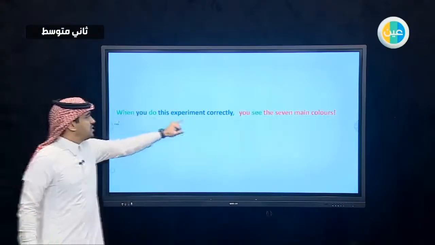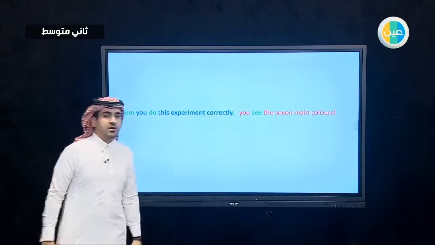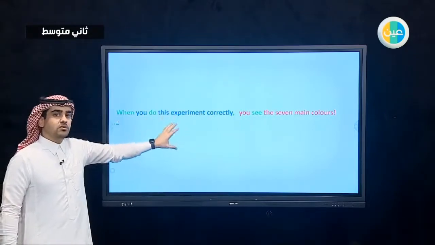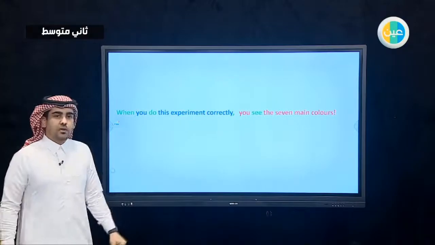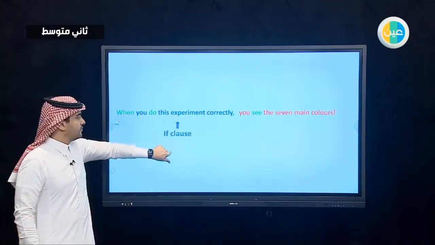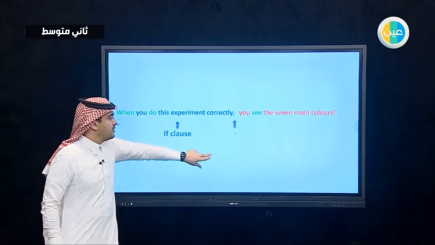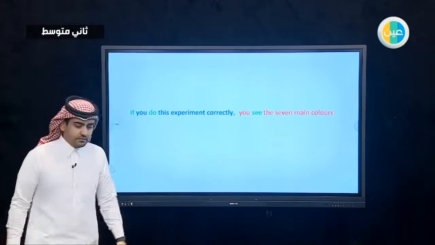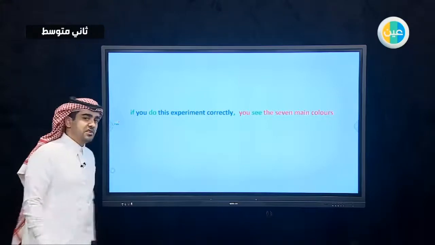When you do this experiment correctly, you see the 7 main colors. So this is also a zero conditional sentence, this time using when instead of if. This is the if clause, this is the comma, and this is the main clause. So you need to know this trick as well.